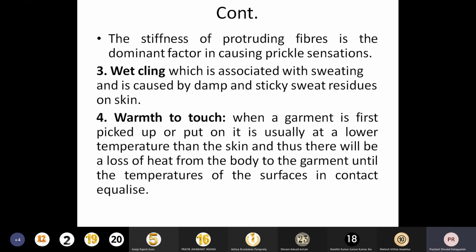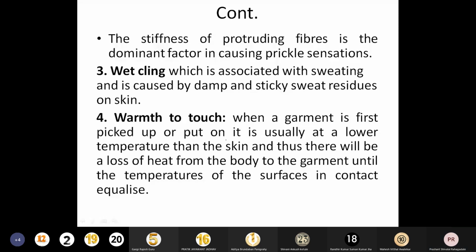Then the next factor here for sensorial comfort is warmth to touch. Now what does it mean?